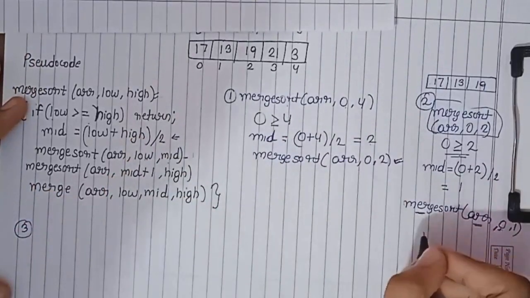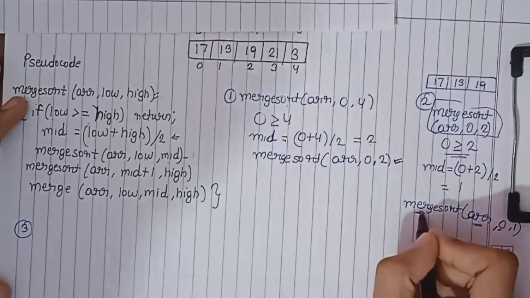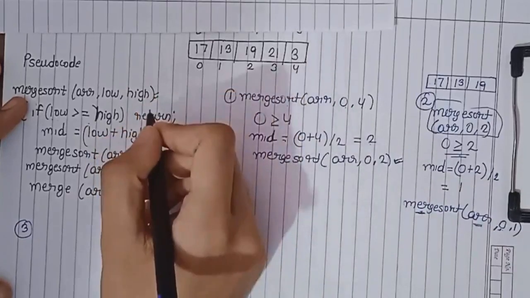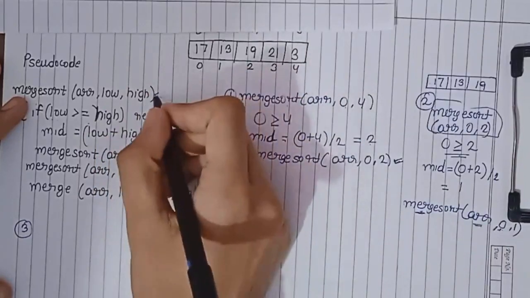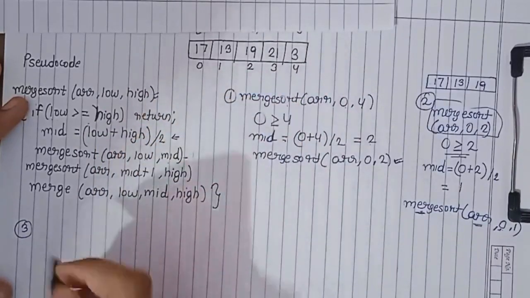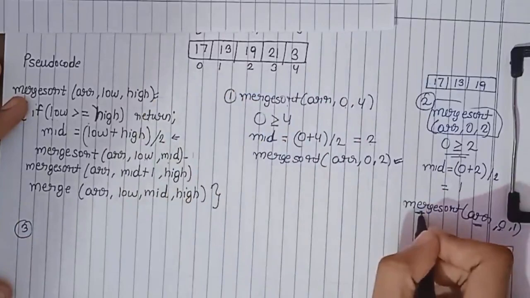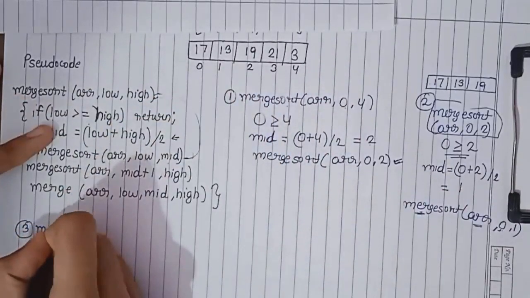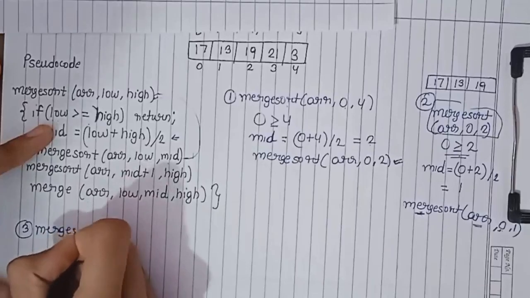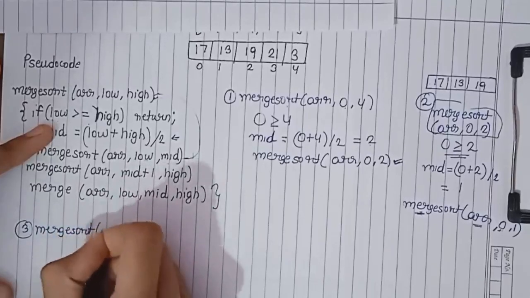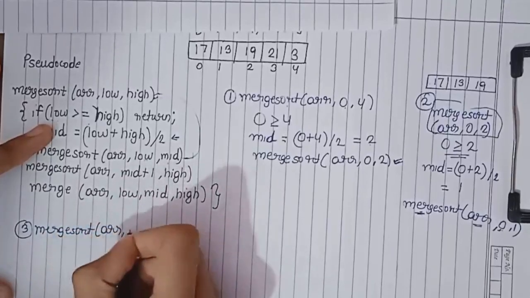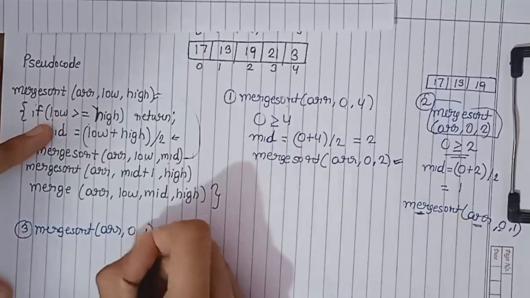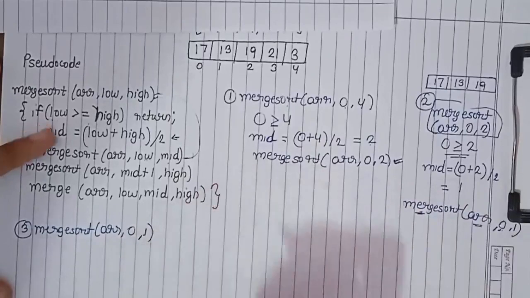If you have some confusion about how the control goes from this line to this line, then it means that you have some doubts in recursion and you need to revise that topic. So now after this call the control will again come onto this line, merge sort array, the lowest index is 0 and the highest index that we have passed from here is 1.